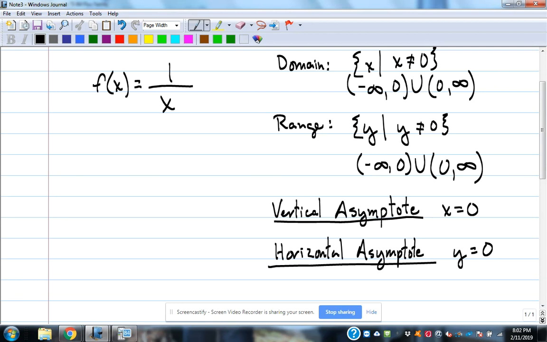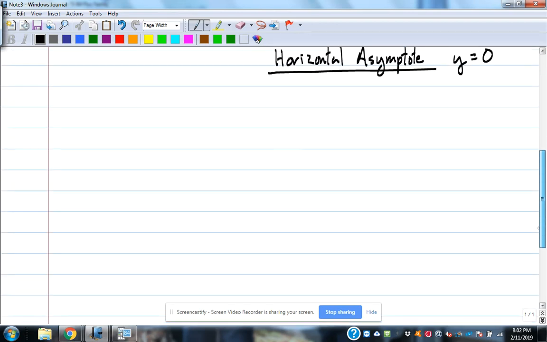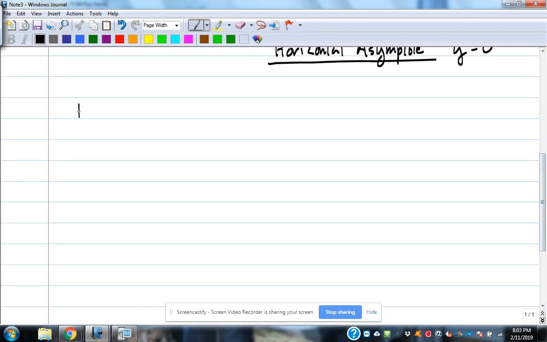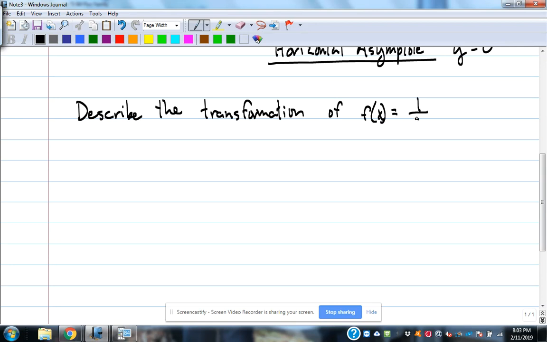So let's talk about transformations for just a second. We want to describe the transformation of f of x equals 1 over x.